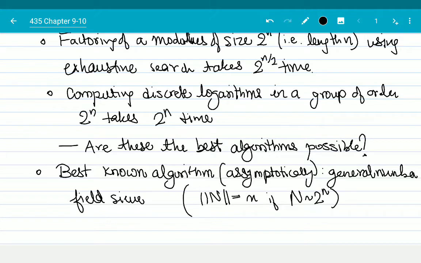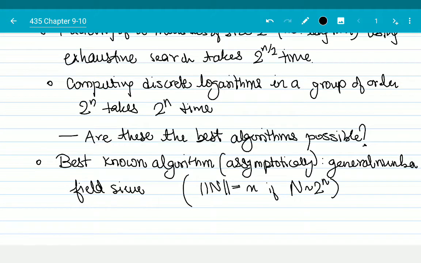If it's an n-bit number, then the symbol means n. So basically it's more or less saying log to the base 2.